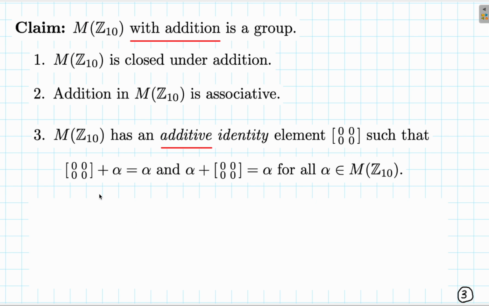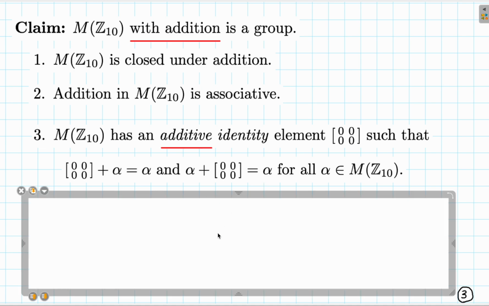We saw that when you add the 0 matrix to any matrix alpha, we still get alpha. So adding the 0 matrix keeps any matrix alpha unchanged. This is true for all alpha in M of Z10, so we do have an additive identity element.